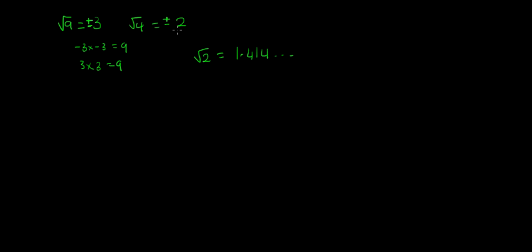But one thing I want to point out is that root 2 is an irrational number. And what does irrational mean? Well, irrational numbers are numbers that cannot be expressed as a fraction, for example, a over b, in its simplest form.